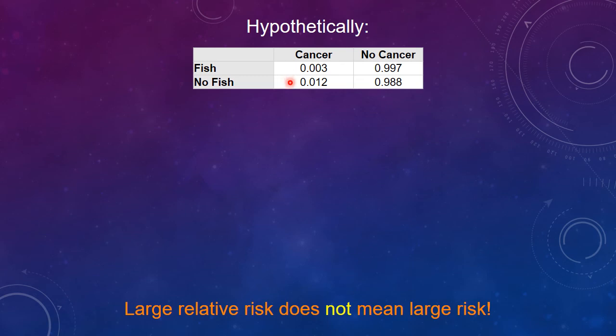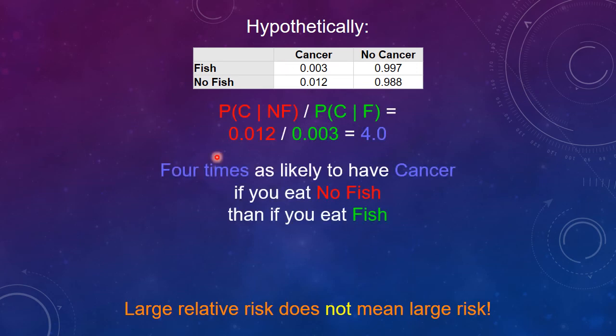So there are two important notes when we think about the strength of an association. First, a large relative risk does not necessarily mean a large risk. Let's look at this hypothetical example of the risk of cancer for people who eat fish or who don't eat fish.